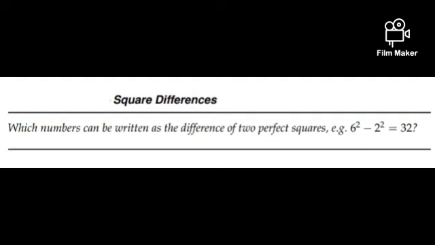And the problem says which numbers can be written as the difference of two perfect squares. For example, square of 6 minus square of 2 equals 32.